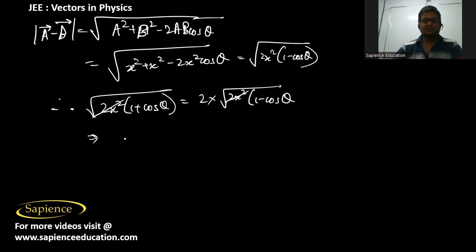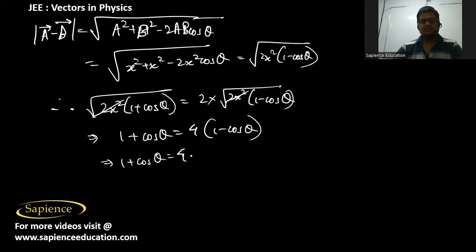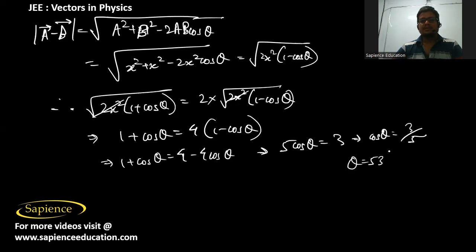Then we can square both sides, then we will get 1 plus cos theta equal to 4 into 1 minus cos theta. So 1 plus cos theta equals 4 minus 4 cos theta. Therefore 5 cos theta equals 3. So cos theta equals 3 by 5, it means theta should be equal to 53 degrees.